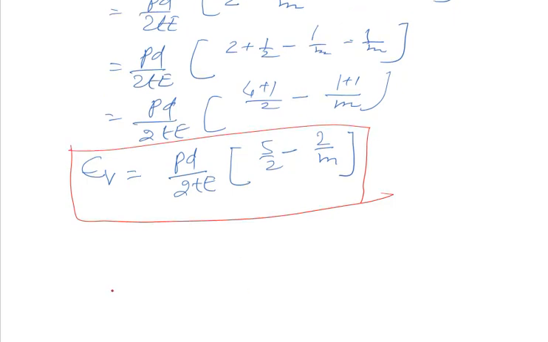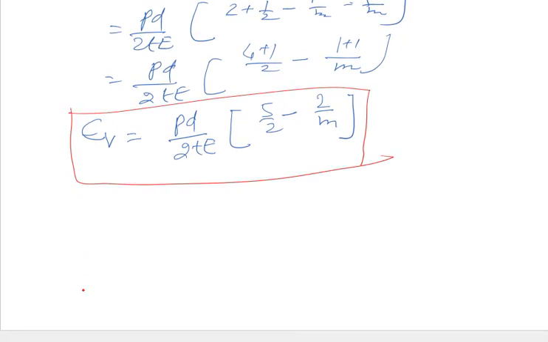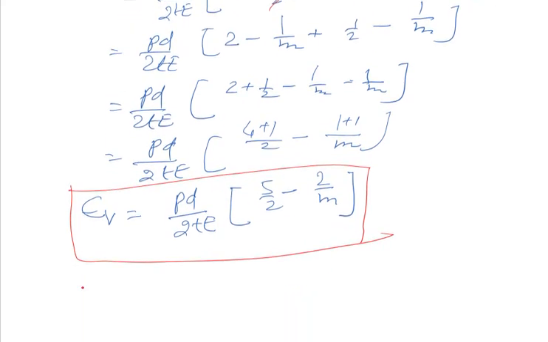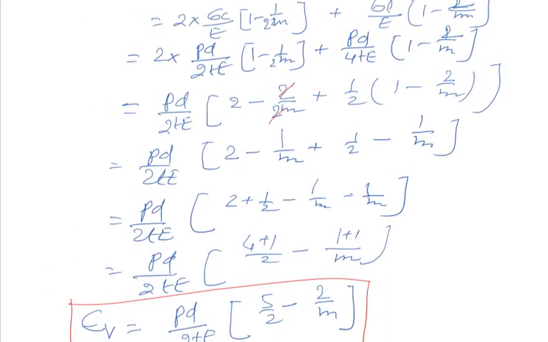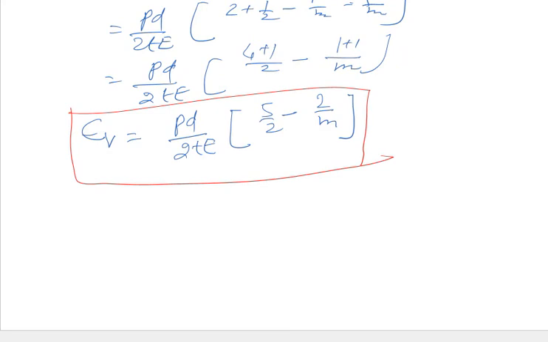Now we can calculate the change in diameter also. We know that epsilon c is equal to change in diameter upon original diameter, delta d by d. So this change in diameter, delta d, is equal to epsilon c into d. So what is the value of epsilon c?